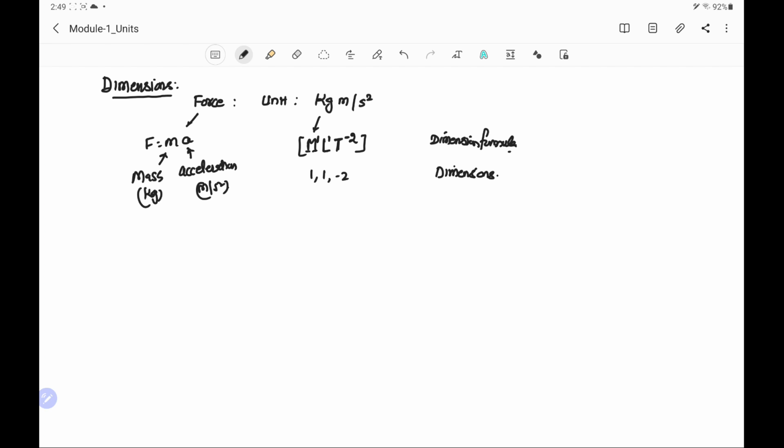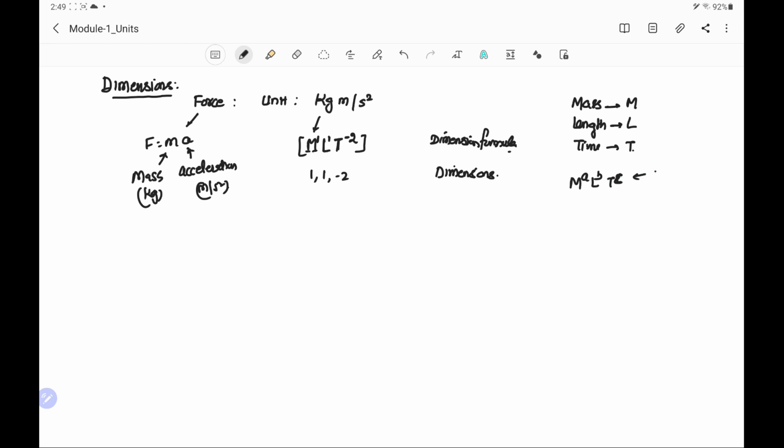Here, to write the dimensional formula, we will use letter M for mass, letter L for length, and letter T for time. And then we put a power as per the formula, say M^a L^b T^c.